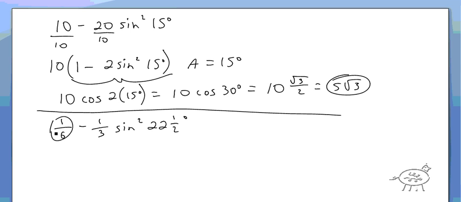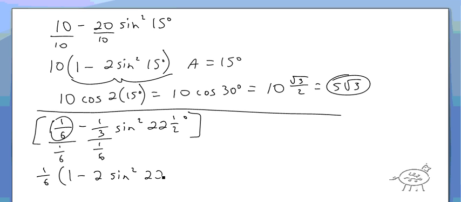I want to get rid of that 1/6, and the only way to do it is to factor out a 1/6. You're basically dividing by 1/6. So if I write this out, it's 1/6 times 1 minus 2 sine squared of 22.5 degrees.